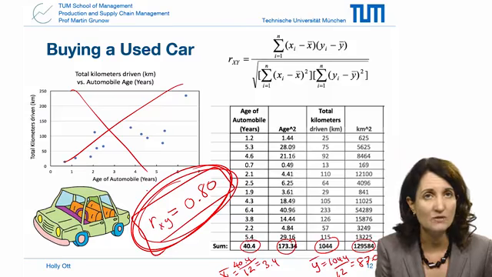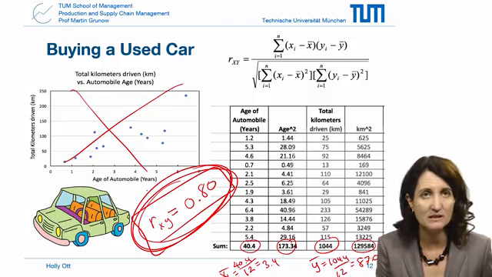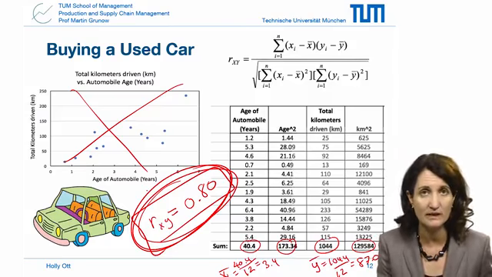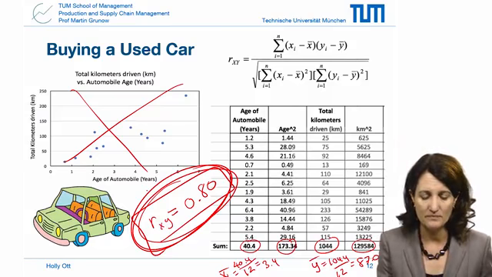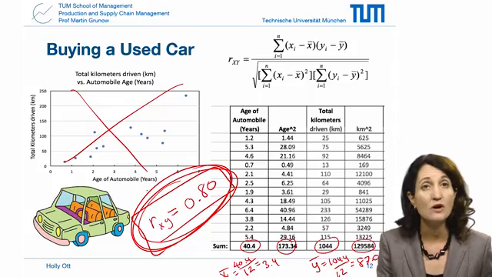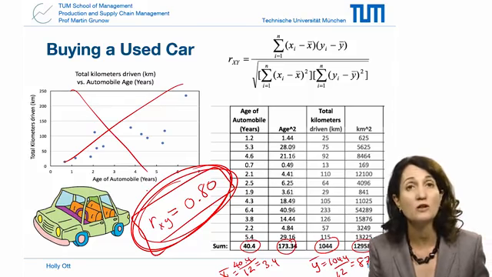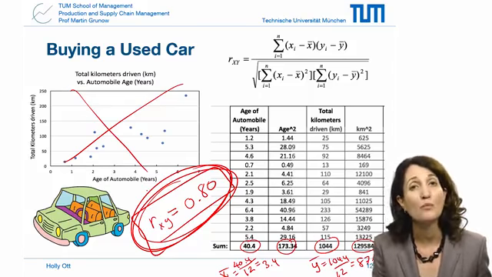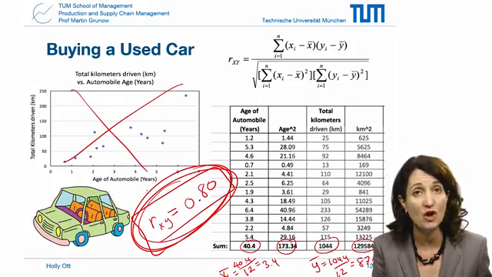So it's a positive correlation without ever looking at the scatter plot, without ever looking at the data. And we'll see in a minute, 0.80 is quite close to 1, so it's actually a pretty strong relationship.